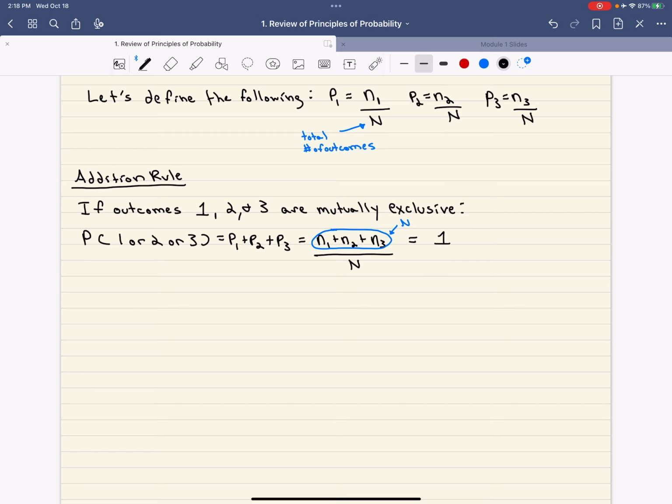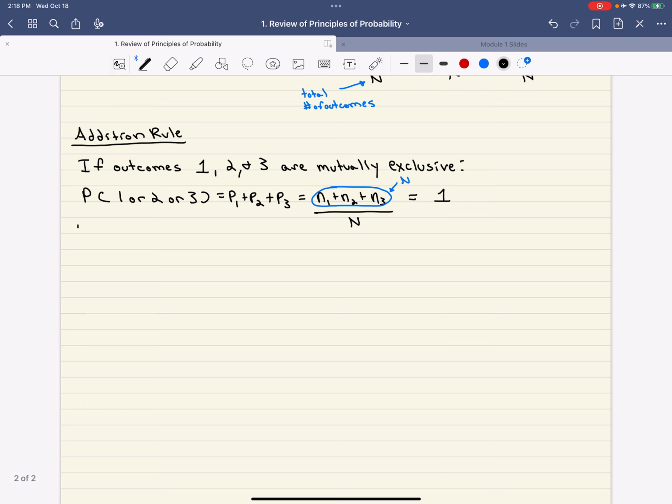equal to 1. We could also define probabilities for cases where we're only looking at 1 or 2, so that would just be equal to P1 plus P2. Or we could also look at cases for 1 or 3, so that would be equal to P1 plus P3.